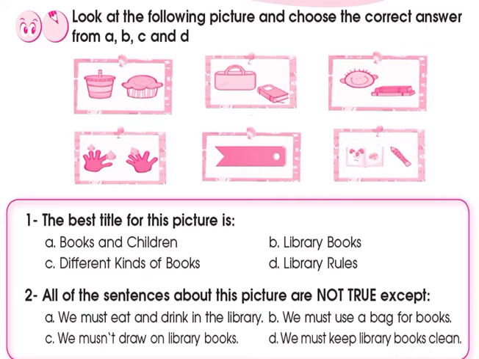Number 1, the best title for this picture is Library Rules. Number 2, all of the sentences about this picture are not true, except we must eat and drink in the library.